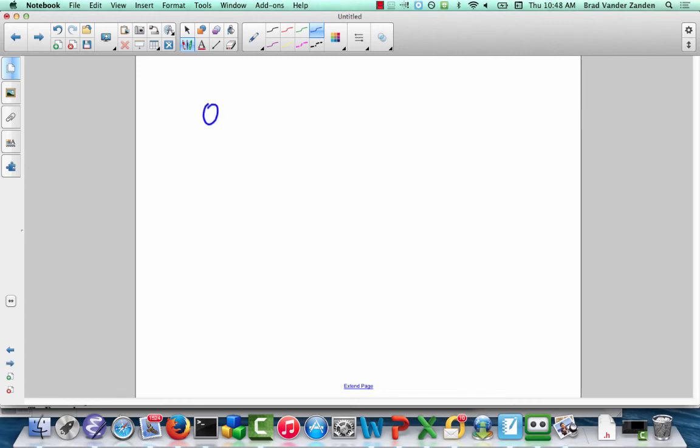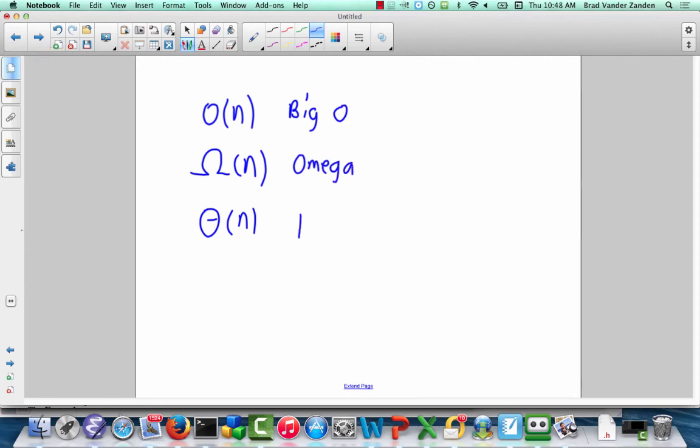There are actually three concepts, and of course I can't draw my Greek letters to save myself. So this is called BigO, this is called omega, and this is called theta. Okay, so let's graph our function t of n. Our function t of n squiggles around like that.